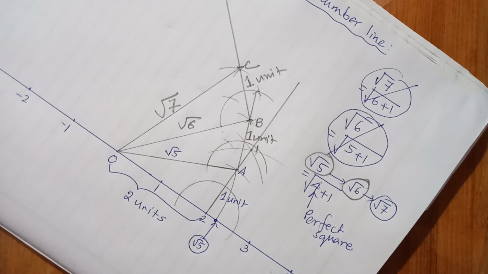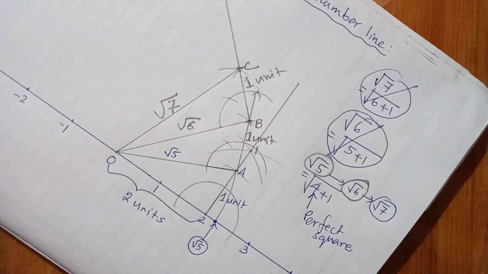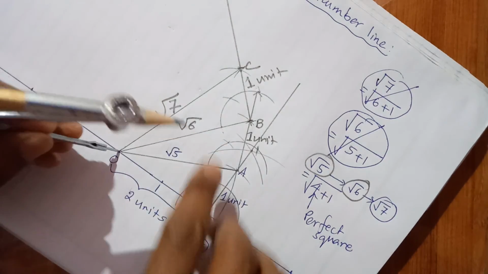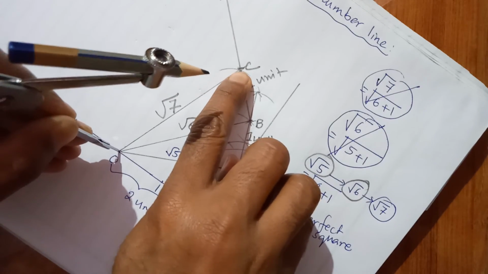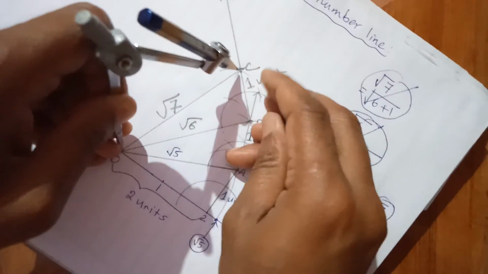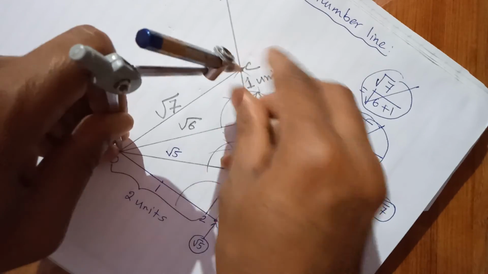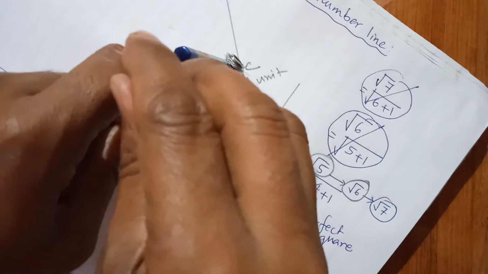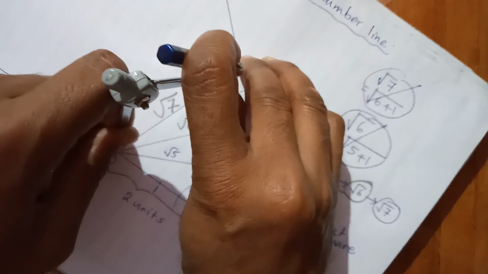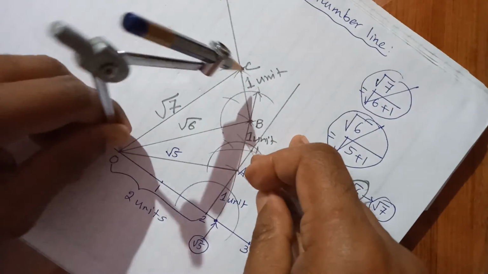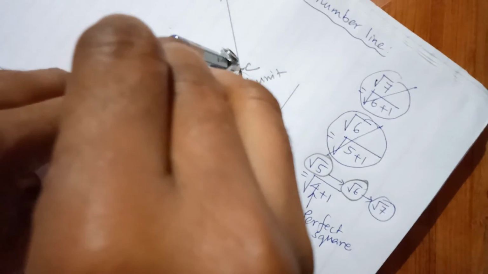You can try by yourself. So I have got √7. Now how to get √7 on the number line? Do one thing: put the pointer of the compass here and adjust the pencil with this point. Yes, you have adjusted it here, a little bit more. Okay, fine.